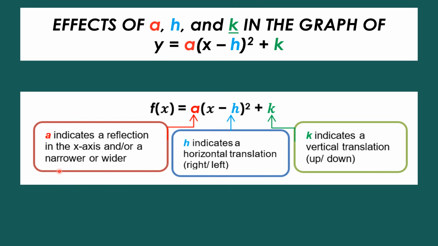And it will also determine if the graph will be narrower or wider. Ang value naman ni h ang magsasabi sa atin if we are going to move to the right or to the left. And the value of k will indicate if we are going to move up or down.